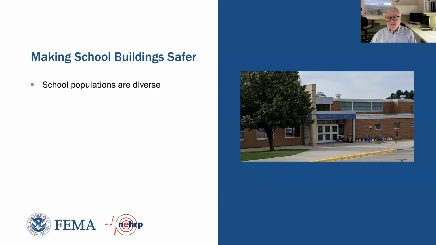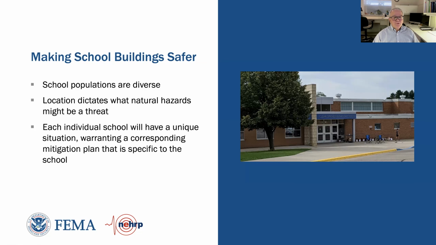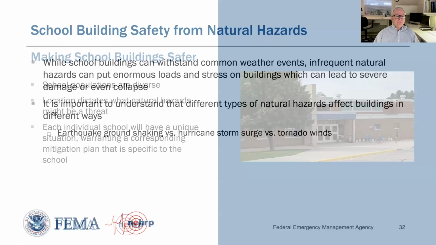Also, school populations are diverse. Some schools have, for instance, large numbers of children with disabilities. Location dictates where the natural hazards might be a threat, as we were showing you on the charts before. Each individual school will have a unique situation warranting a corresponding mitigation plan that is specific to that school. This is important to understand, that we're looking at the local impact for you and your schools.